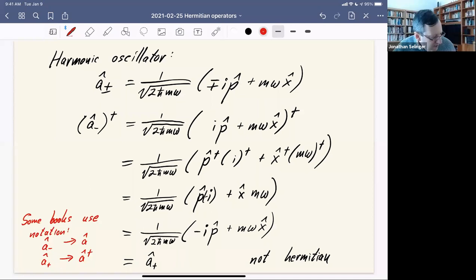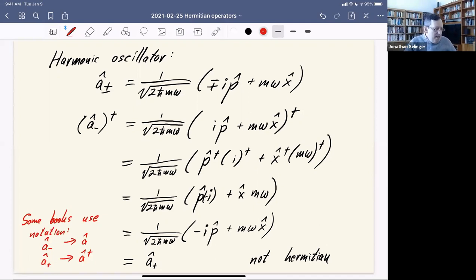Okay, so these are a few examples of things. Good. All right. Now, this is laying out the general framework, the general formalism for how we express operators.